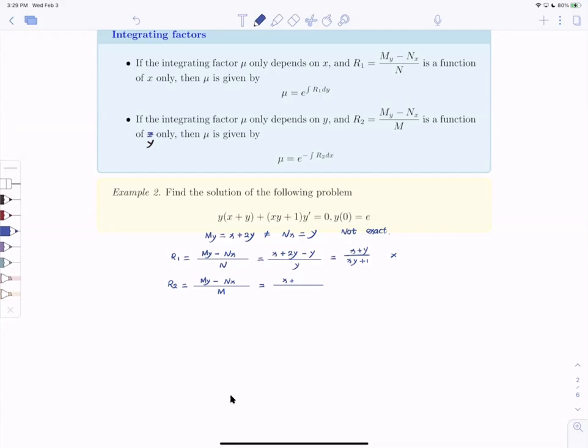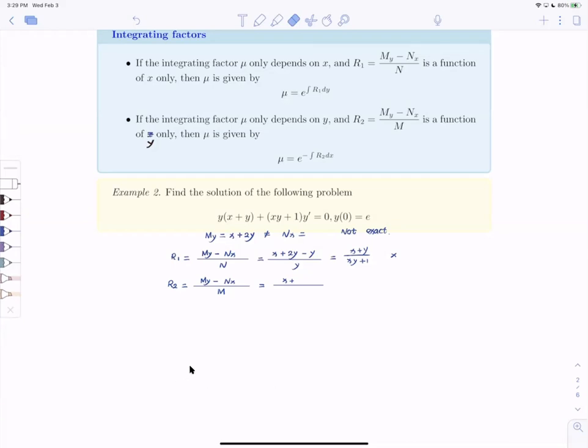I have a question. Wait, I made a mistake, didn't I? Wait, what did you say? How is N equal to y? You said R1 is M_y minus N_x over N, right? Yeah.